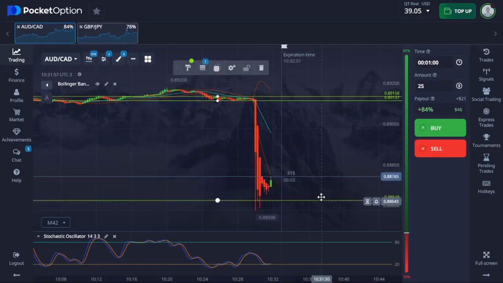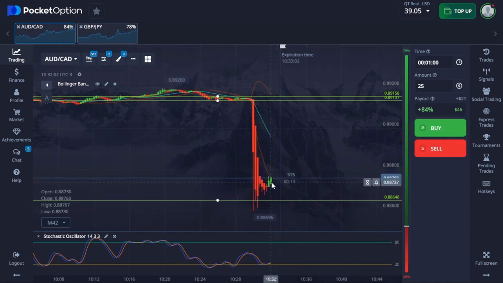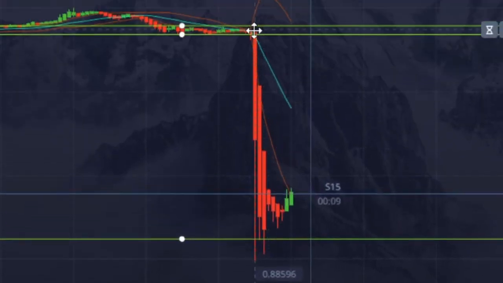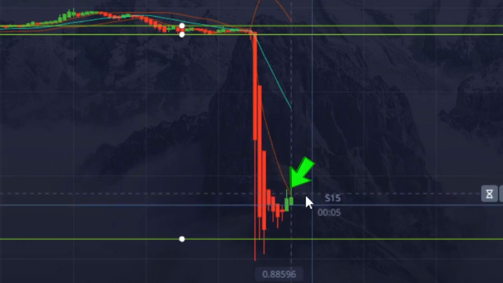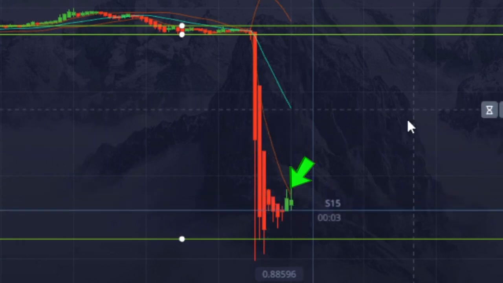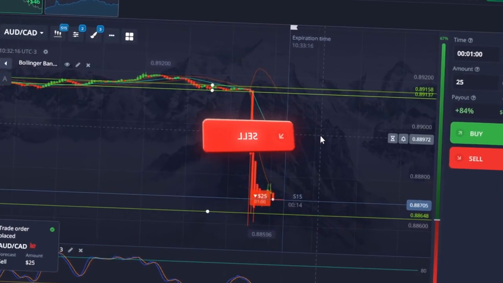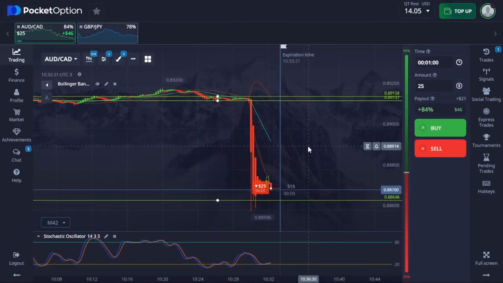Just set this line right here, and we can see the line points down. Okay, we have the oscillator right here and this line. Okay, observe this. This is the criteria. Enter trades only when our criteria align with the market condition. Because of that, we click on the sell button.